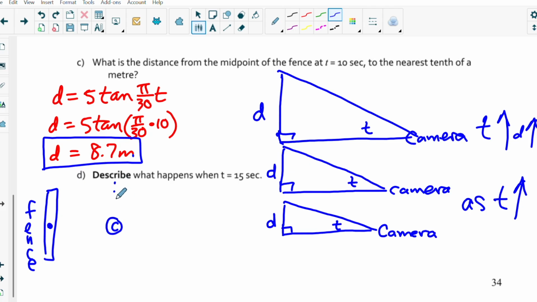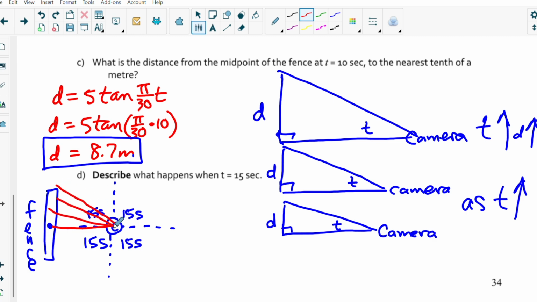Here's the camera. Let me split it up into sectors of 15 seconds or pi over 2 radians. So this is 15 seconds, 15 seconds, 15 seconds, 15 seconds. When the camera's pointing here and it keeps going this way, what happens to the d value?